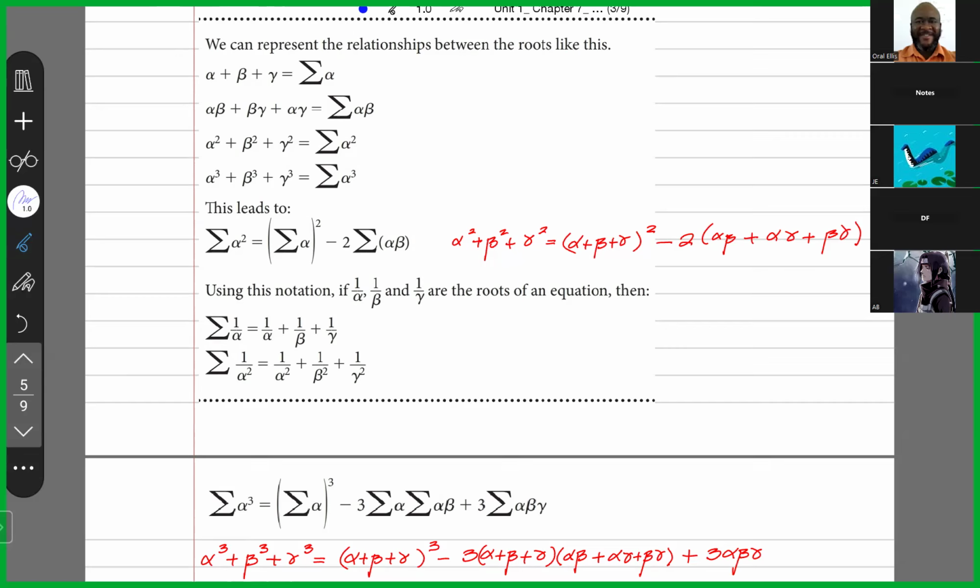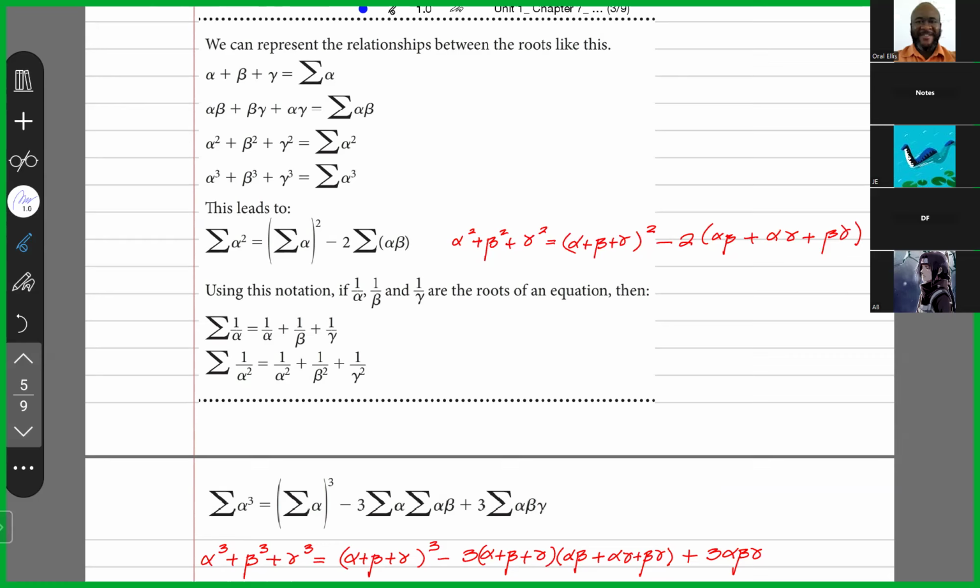The sum of the squares of the roots can be written as sigma alpha squared, and the sum of the cubes of the roots could be written as sigma alpha cubed.